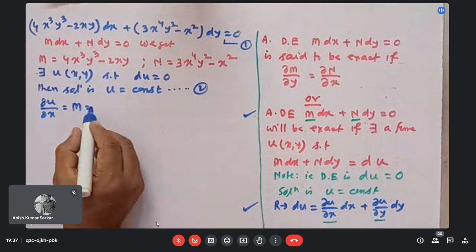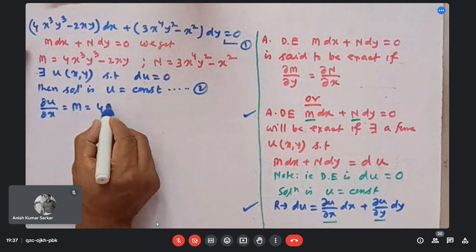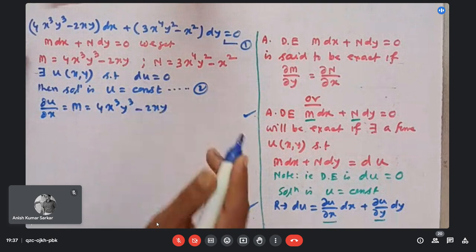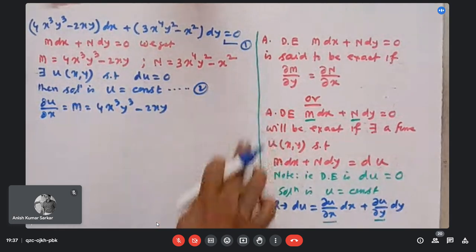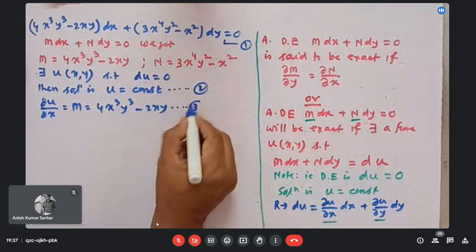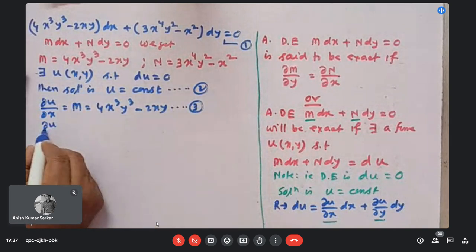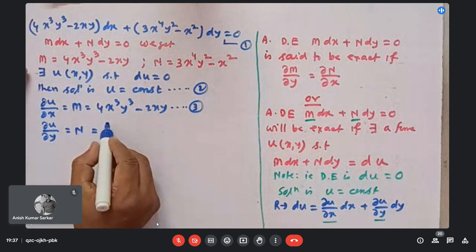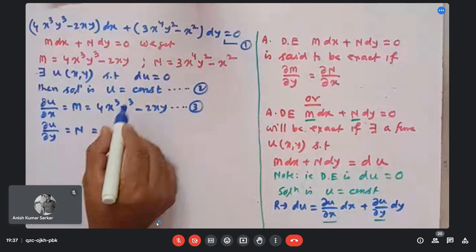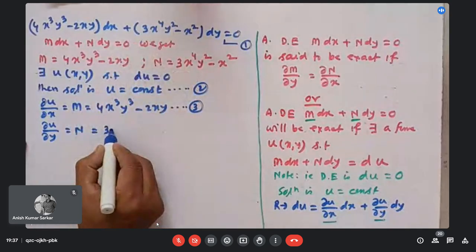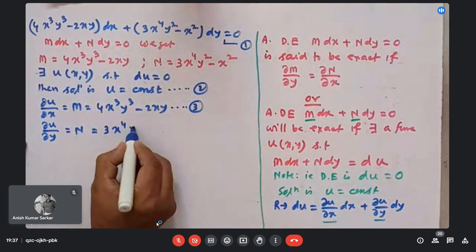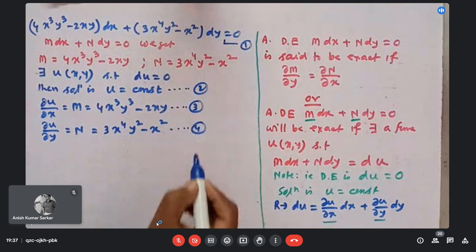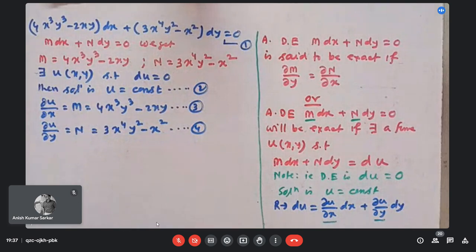M means it is 4x cube y cube minus twice xy. This is number 3. And del u by del y is equal to n, which is 3 x to the power 4 y square minus x square. This is number 4.